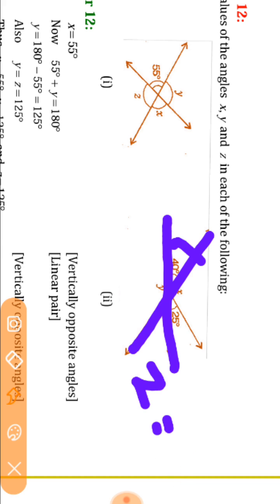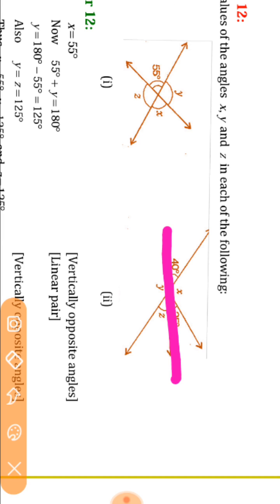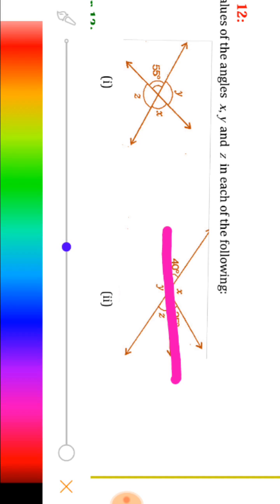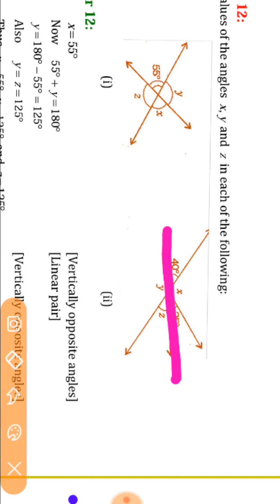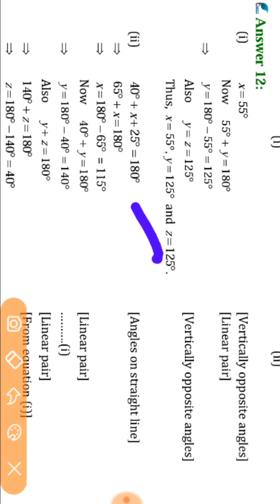Then here it creates a line: 40 plus x plus 25 gives a linear pair. 40 plus x plus 25 is equal to 180 degrees because they are angles on a straight line.